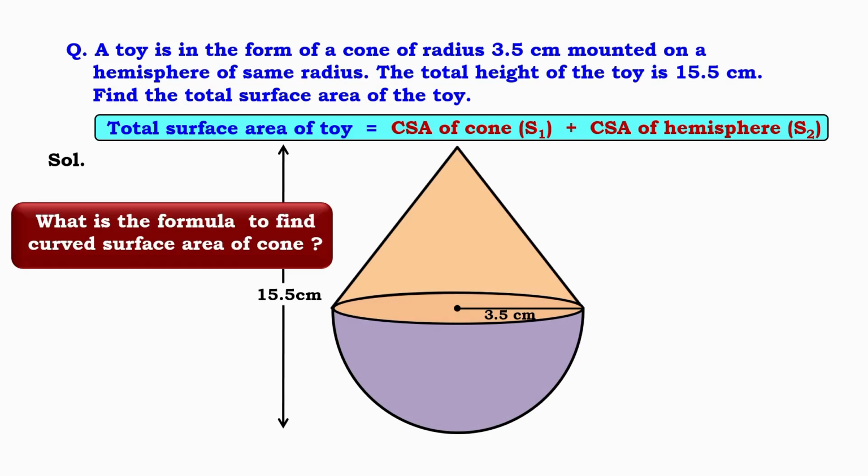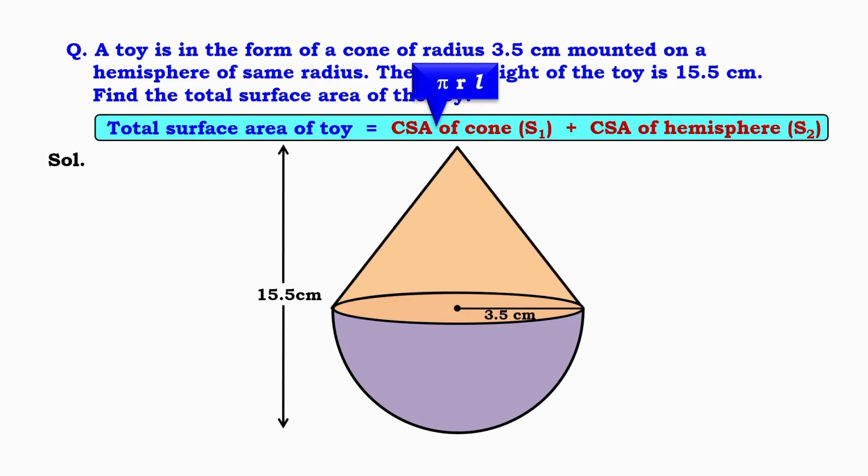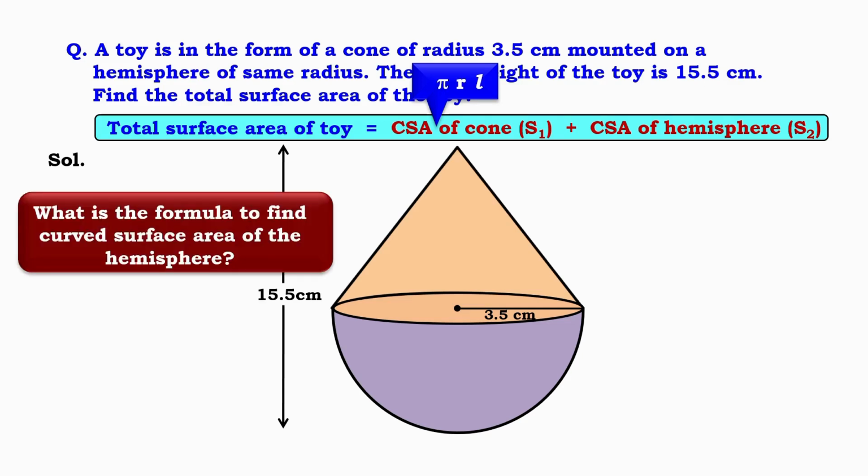Now what is the formula for finding the curved surface area of a cone? That is pi r l. Here, the radius is given and the total height is given. We also need to know the formula for the curved surface area of the hemisphere.